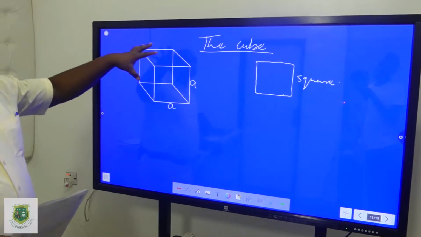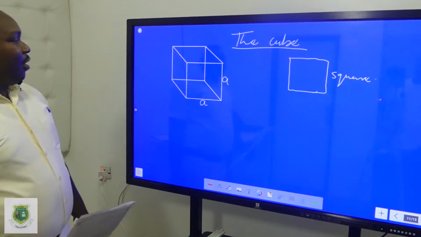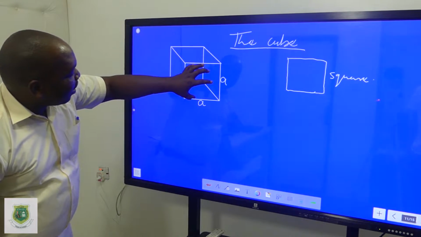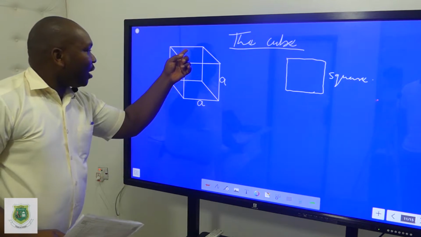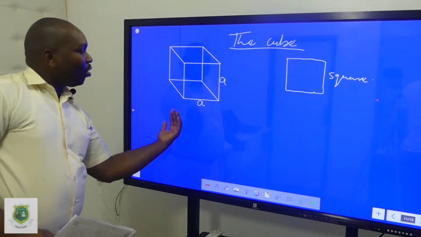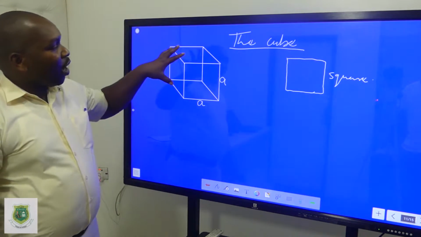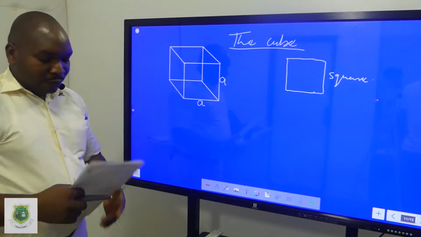So in a cube, we have 6 squares. If you count it, the one below, the one here, the one there, the one here, the one on top. There are 6 squares here that makes this cube.